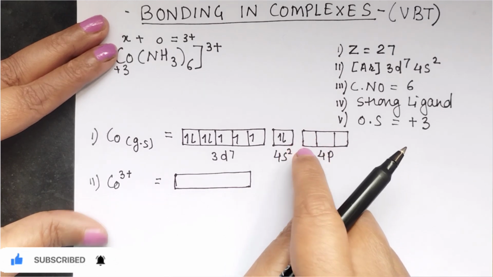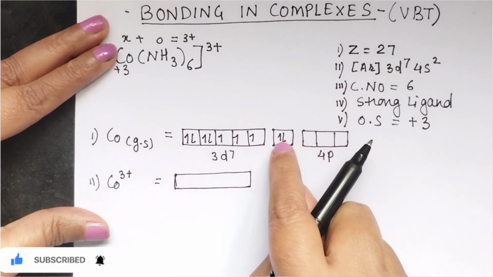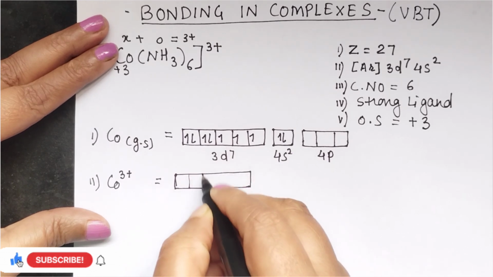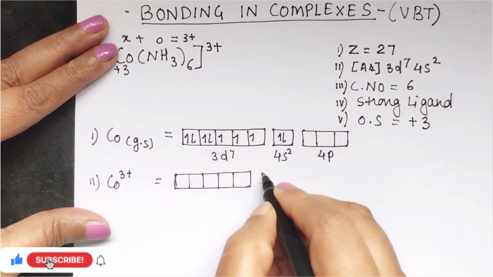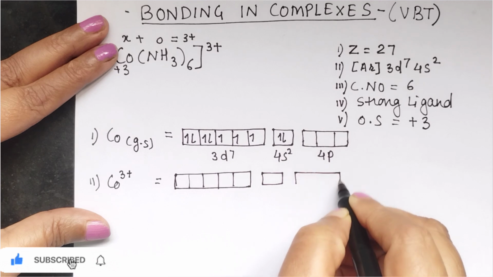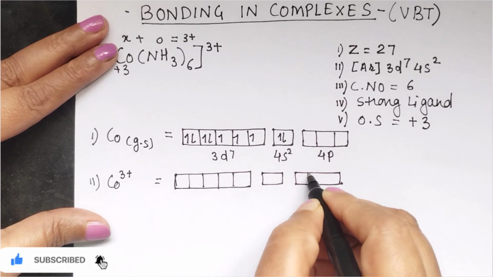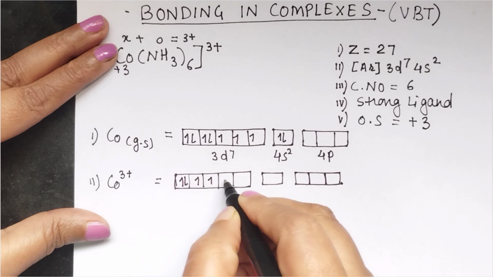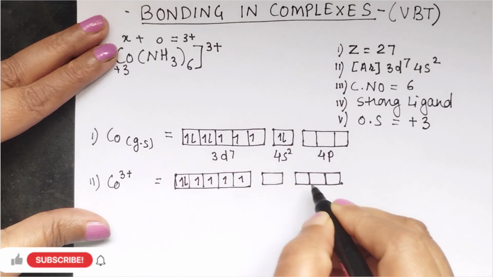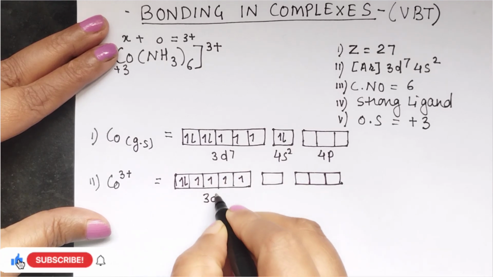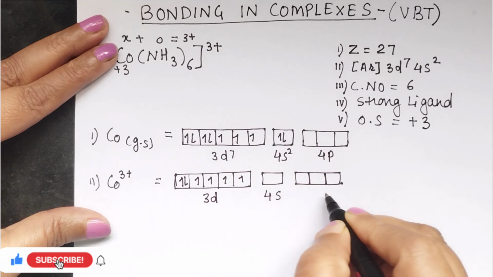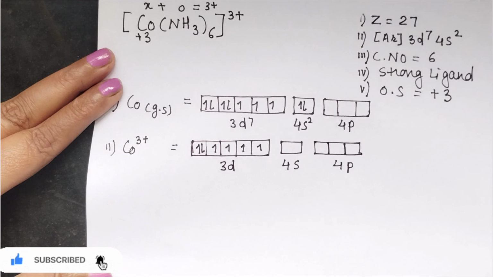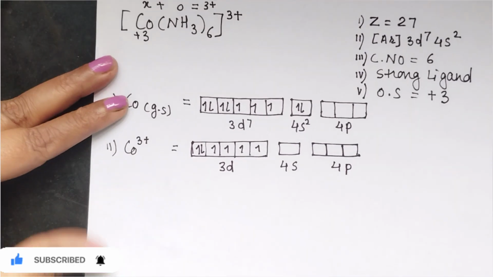The electron removal process will be 1, 2 and this electron. So let us remove the electrons now and write the electronic configuration. So this is your 3d, this is 4s and this is 4p. Now this is the electronic configuration of cobalt in plus 3 oxidation state.